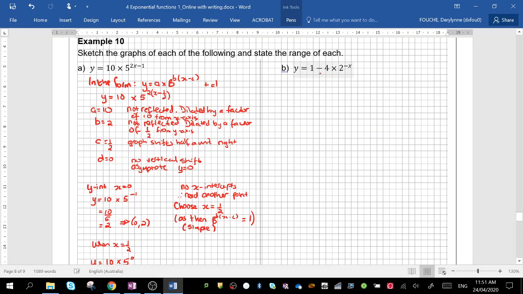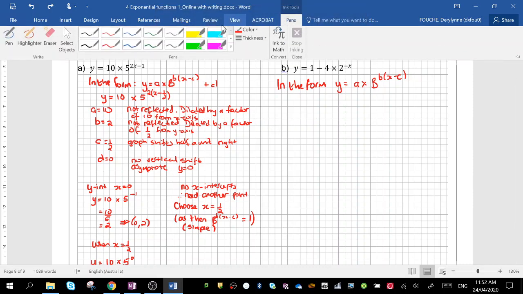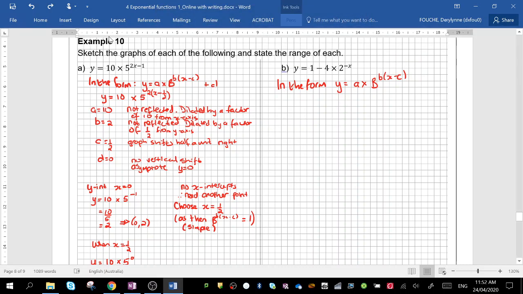Okay, so now this one we're also going to be acknowledging it's in the form y equals a times b to the x minus c plus d. Okay, we need to rearrange it so that it is in that form.